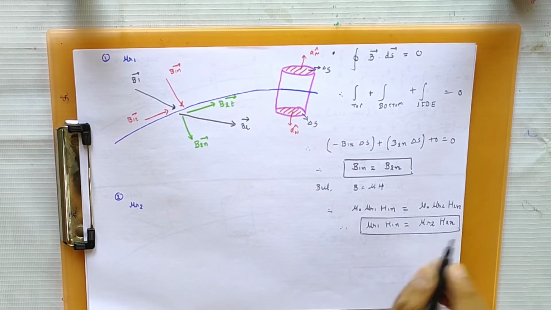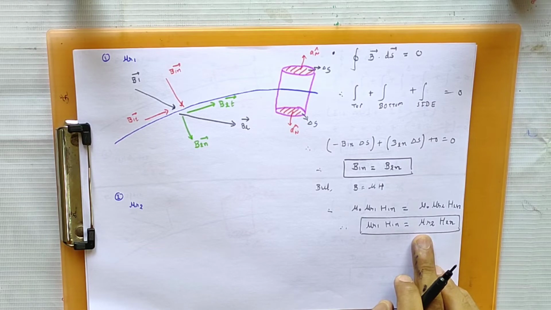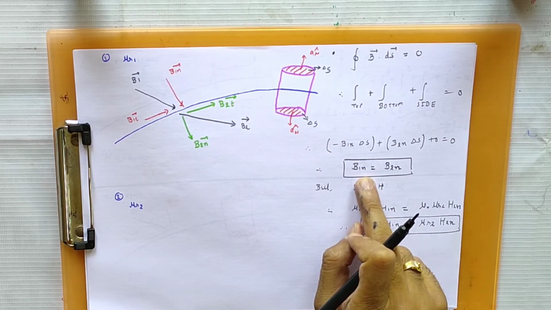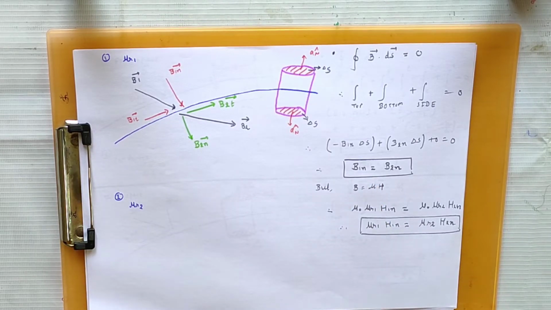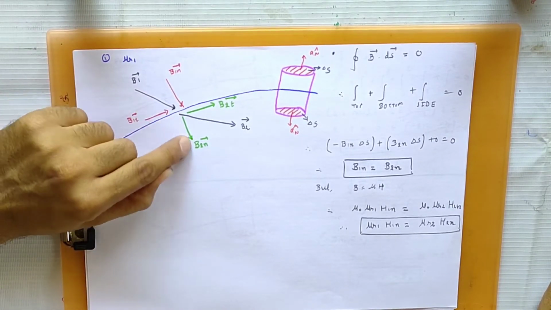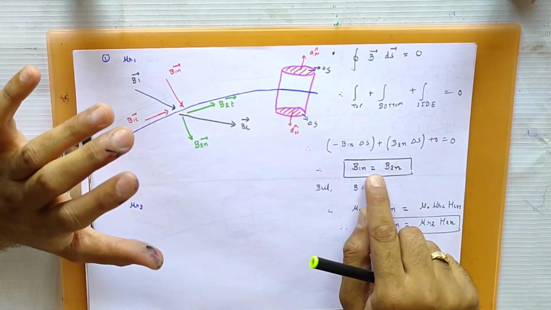So the normal component of magnetic field intensity is discontinuous, but the normal component of magnetic flux density is continuous. Continuous means whatever value of the component is present here, the same value is present in the second medium.